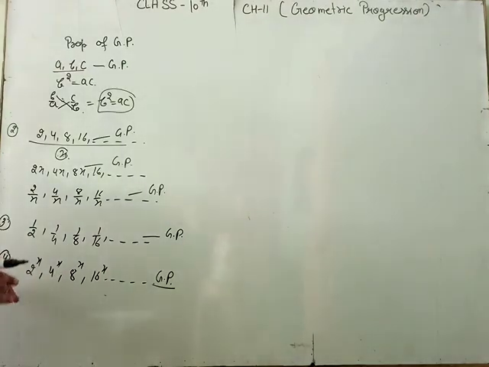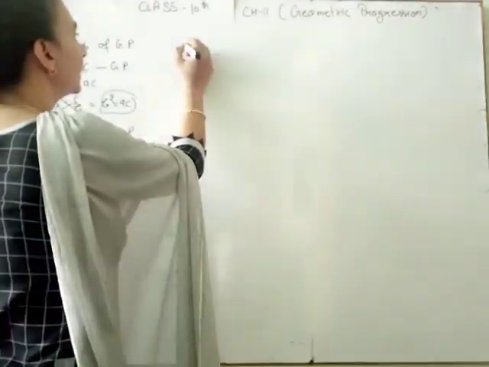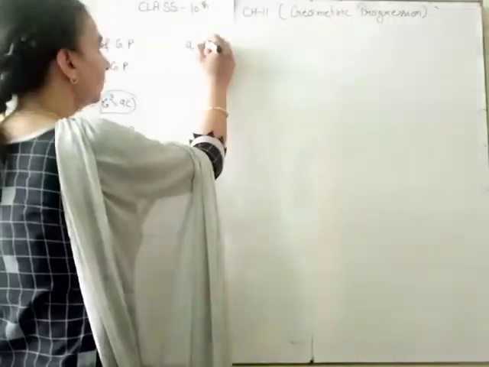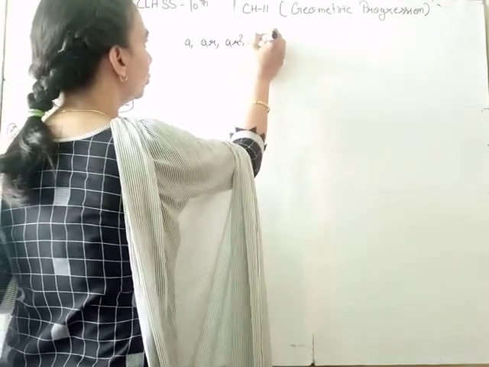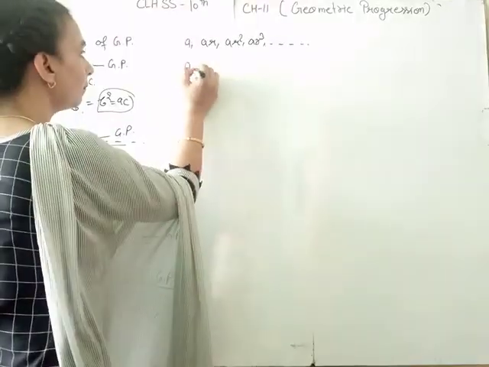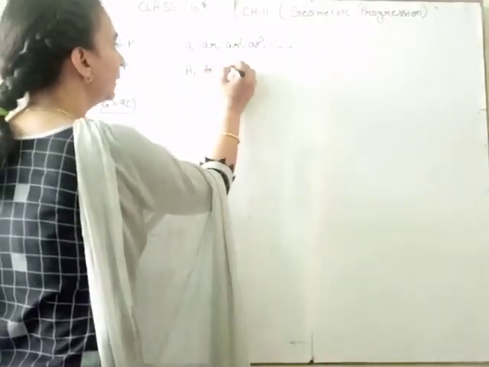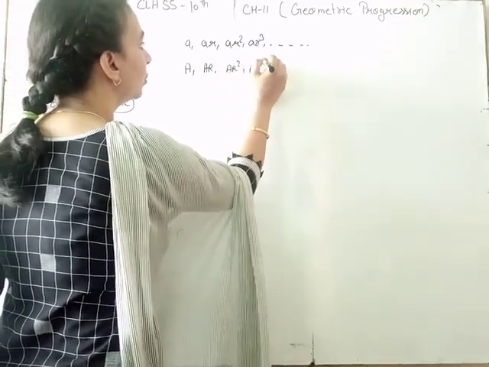Next, if we have two GPs, the first with terms A, AR, AR square, AR cube and so on, and the next GP with the same terms A, AR, AR square, AR cube.